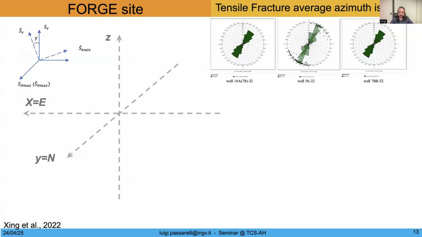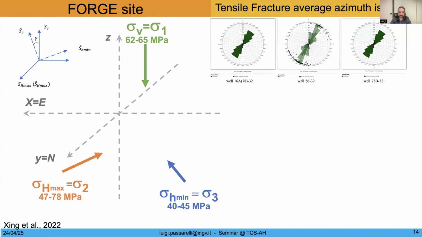And they also measured the stress gradient, and from the stress gradient with depth, you can retrieve the absolute stresses that are in place with the orientation. So I'm reporting here the vertical stress, sigma V, or in this case, sigma 1, then the maximum horizontal and the minimum horizontal, and the numbers below are the range of variability that they have in terms of these measurements.